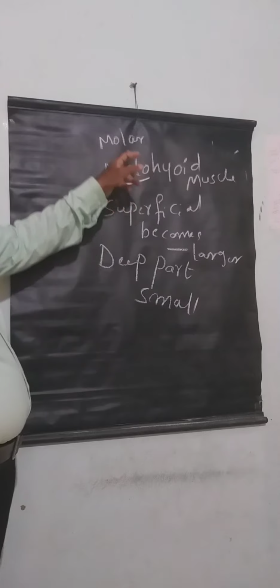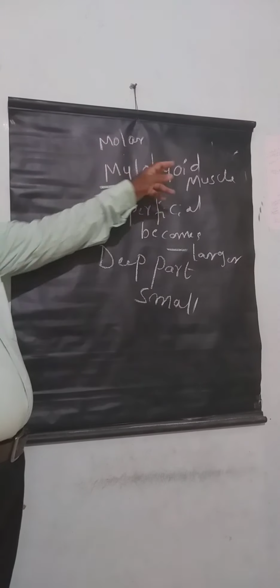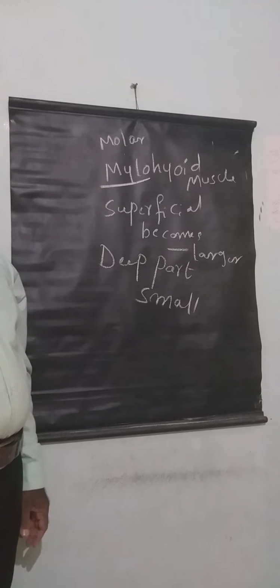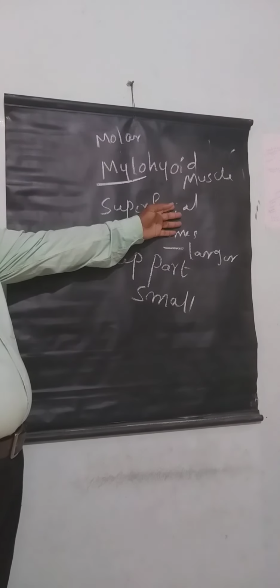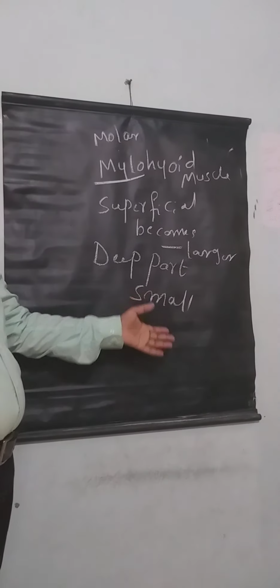You start from the mandible, the molar, to the hyoid bone, which forms the floor of the oral cavity. It is indented by the mylohyoid in such a way that the superficial part becomes larger and the deep part becomes smaller.